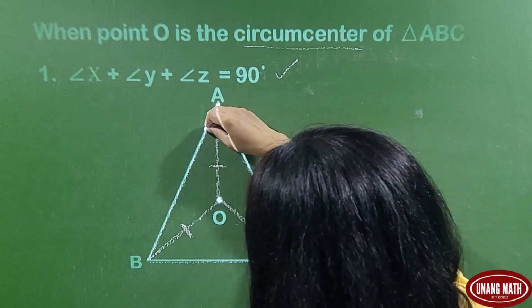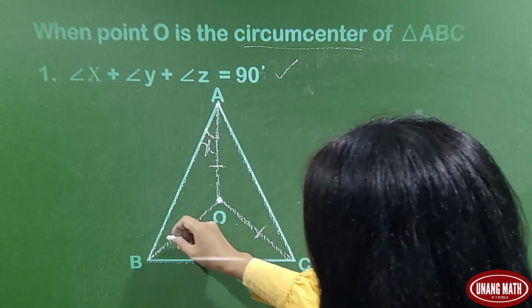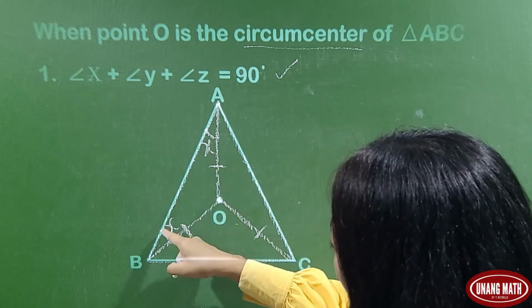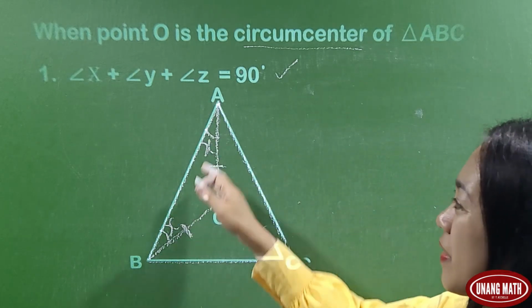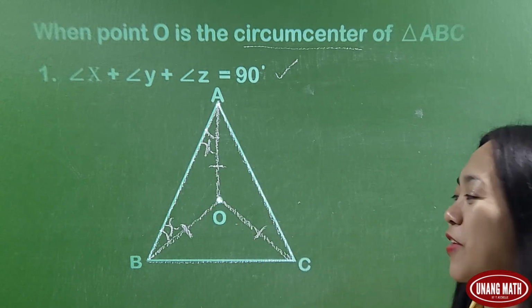If this is angle X, then this is also angle X, because these are the base angles of this isosceles triangle, and base angles are equal in measure.